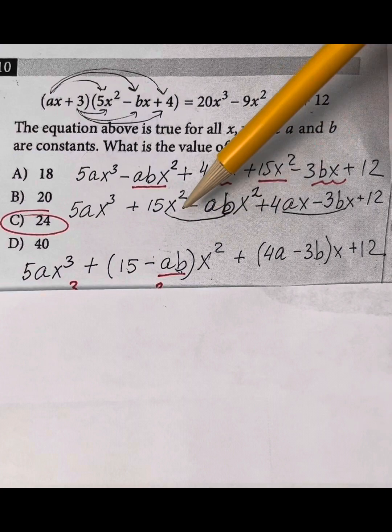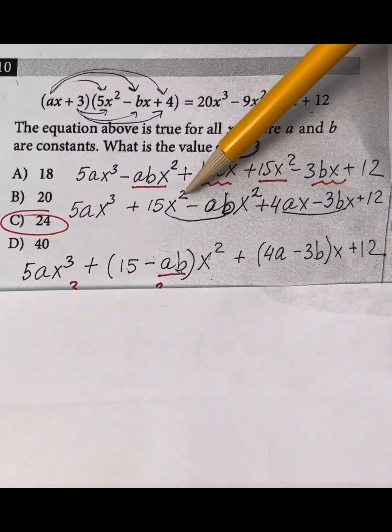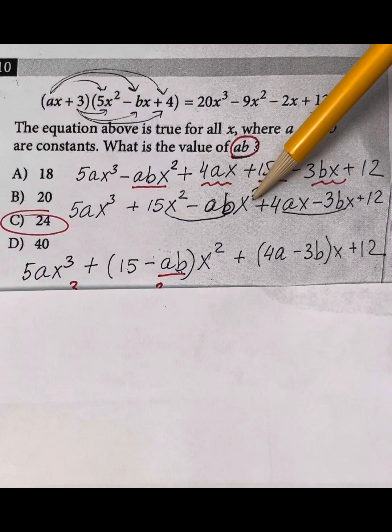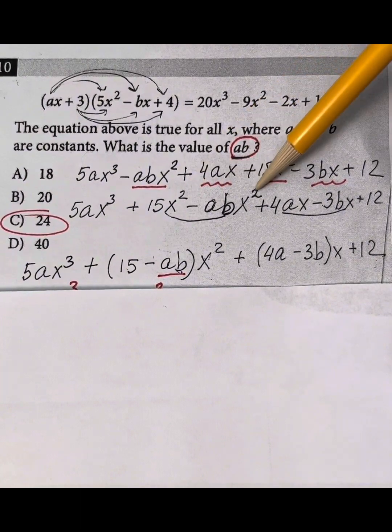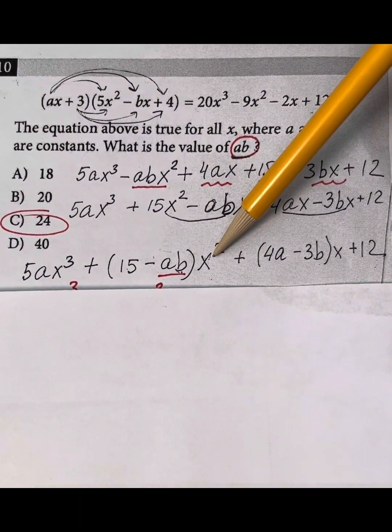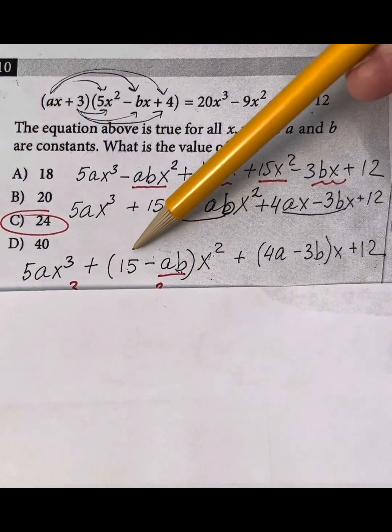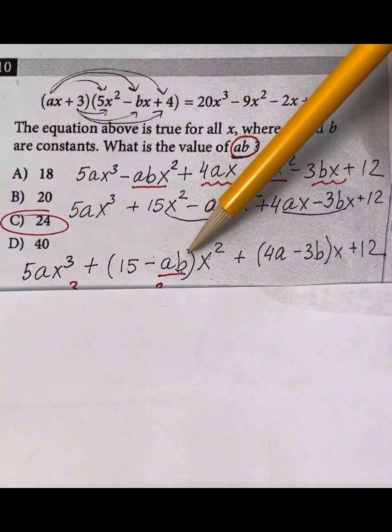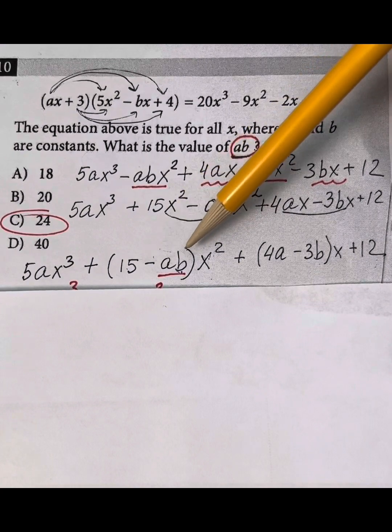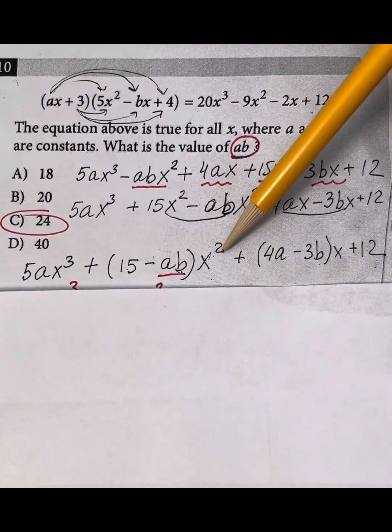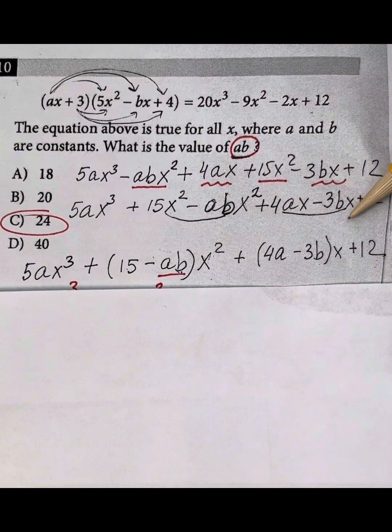To see the coefficient for x squared, we can factor out x squared, as you see I did right here. So 15 minus ab, that is your coefficient for x squared. The same way you can do for the x coefficient. When you factor out x, 4a minus 3b is your coefficient for x, and plus 12.